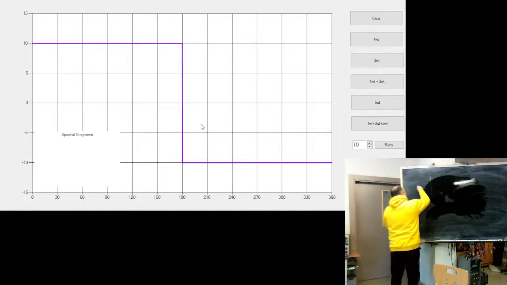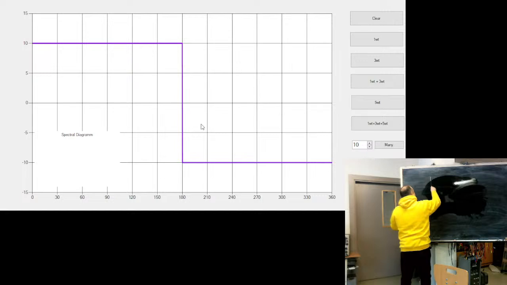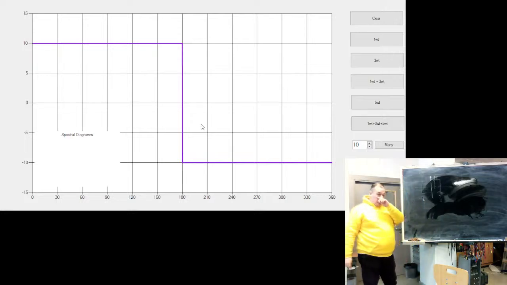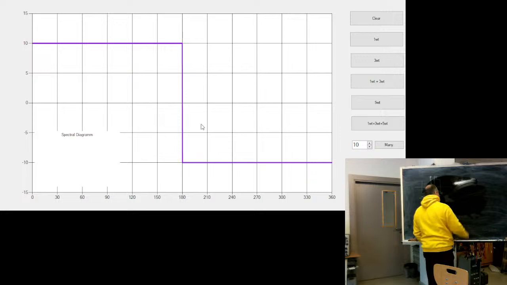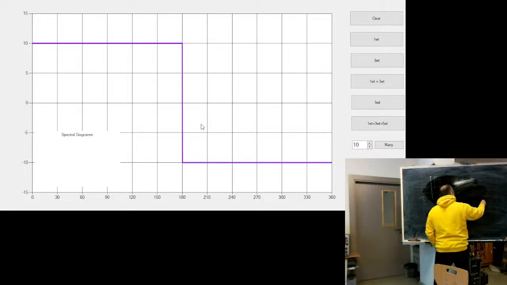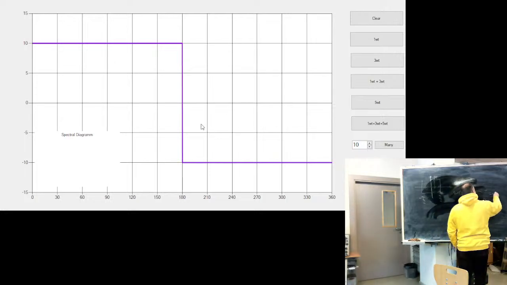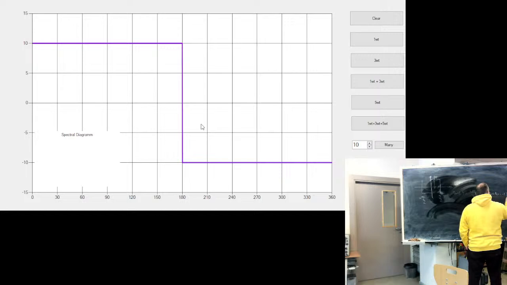A signal like this one, with amplitude from minus T/2 to T/2, such a rectangular signal can be represented as 4A divided by pi, sum from 1 to infinity, sine of (2i minus 1) omega t, divided by (2i minus 1).